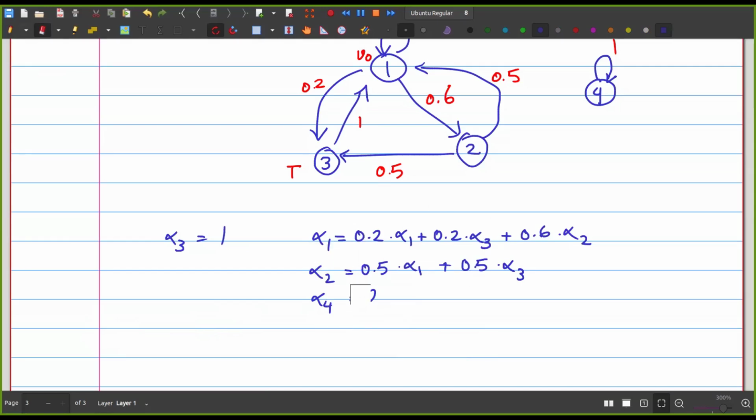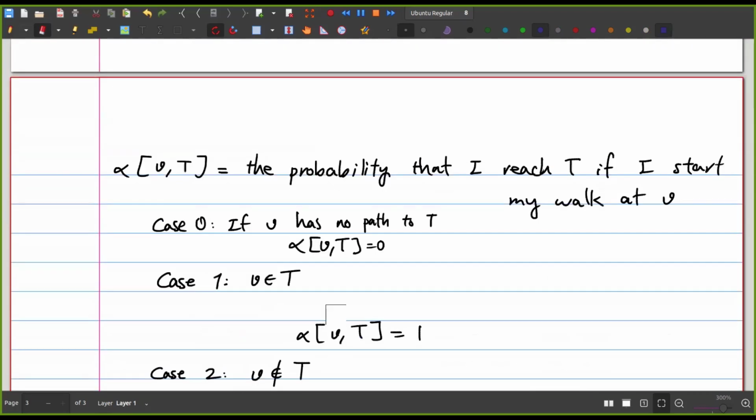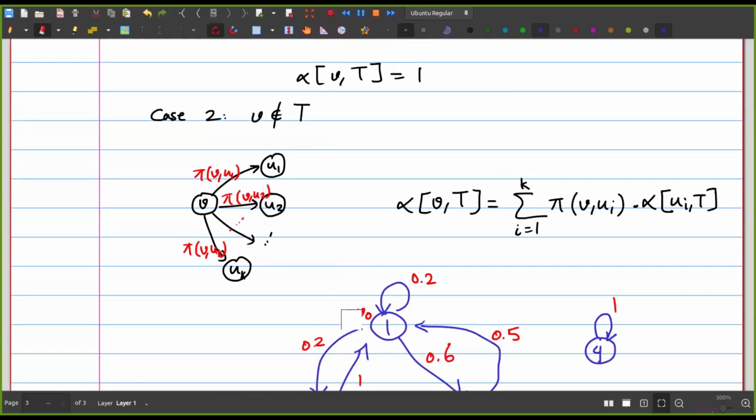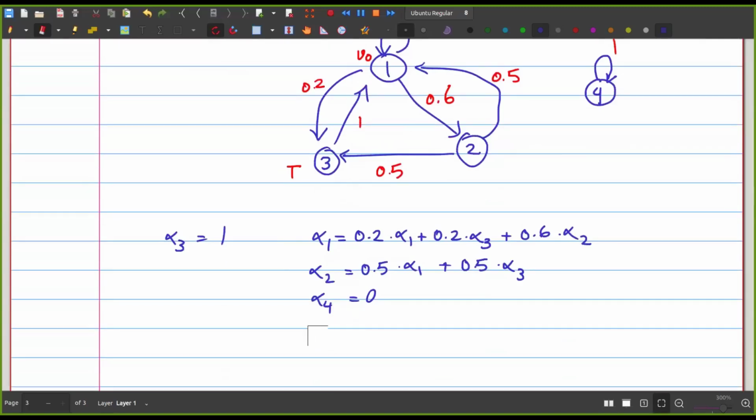But can I claim that the rest of the system, or like the whole system now after I've set alpha 4 to 0, actually has a unique solution? And look, if I can prove that my system has a unique solution, that's all I wanted, because I know that whatever my reachability probabilities are, whatever the probabilities of these events of reaching T are, they're going to satisfy these equations.